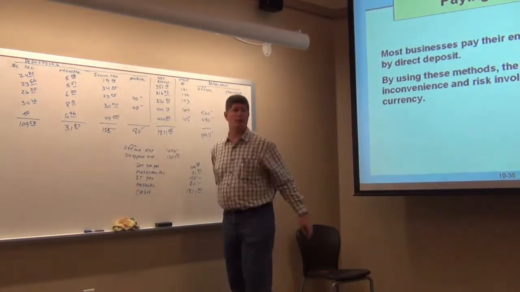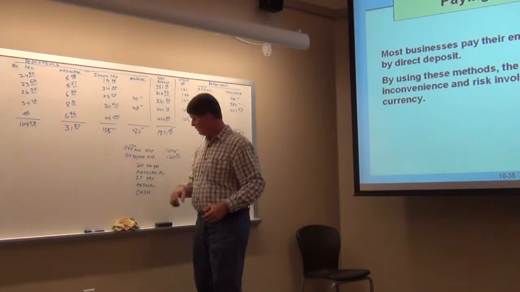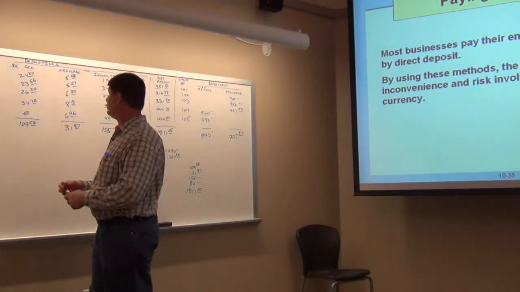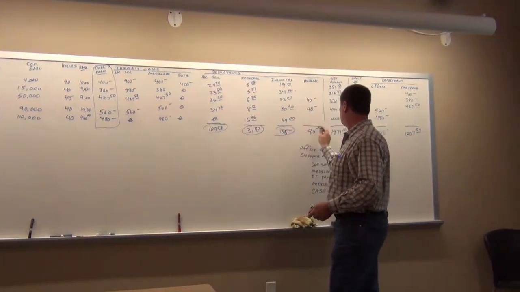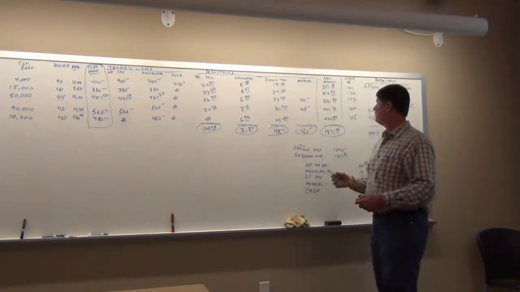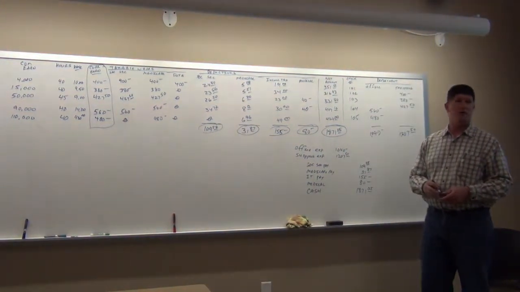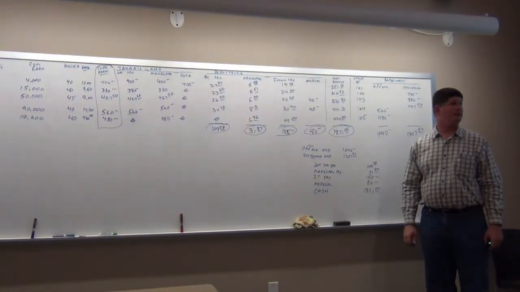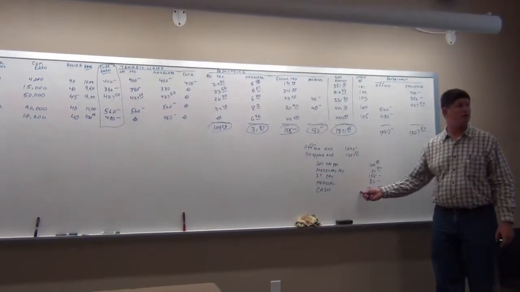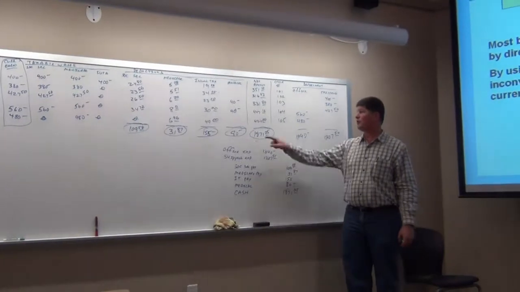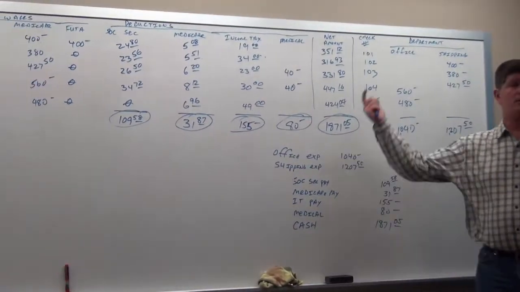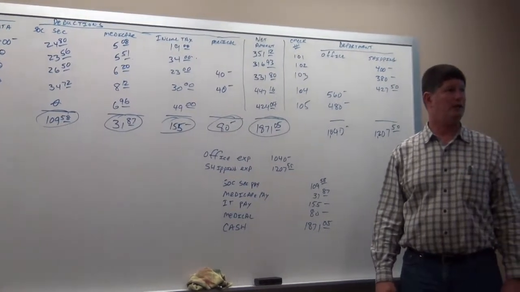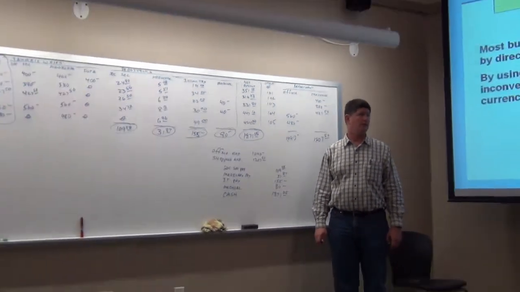That's why you use the payroll register, because you can post from these totals. Do you make an entry for each check or just one entry for the whole record? I'd do one entry for the whole thing, just like I did here. Post from the totals. Save yourself the time. Because if you have 600 employees, you've got a long day ahead of you. Right?